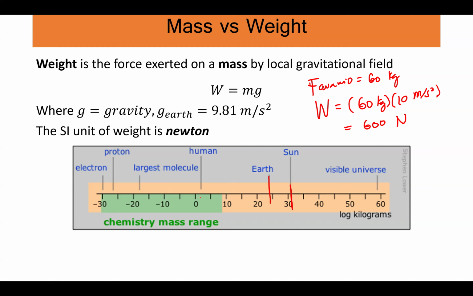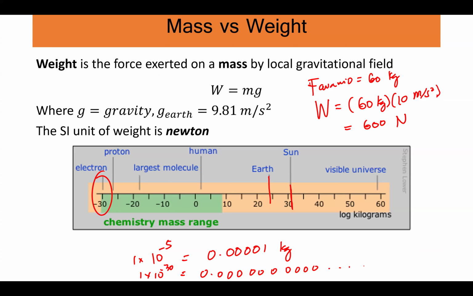Now, when you study about chemistry, you study about the mass of electrons. That is about 10 to the negative 30 kilograms, which is 0.000000000 with 30 zeros and then 1 kilogram.